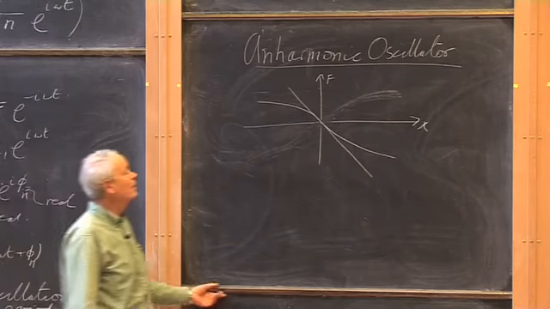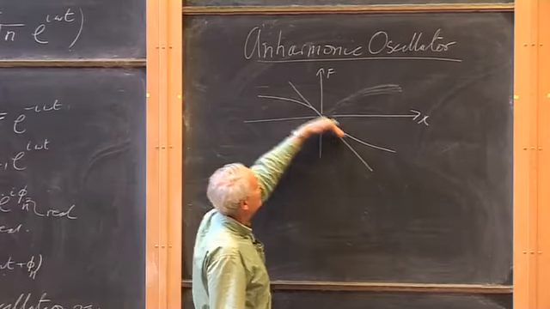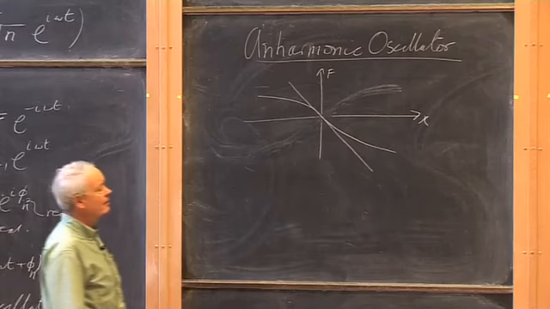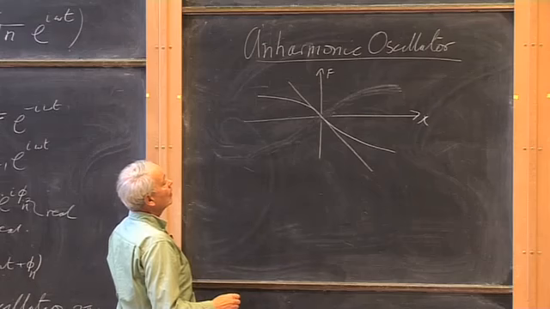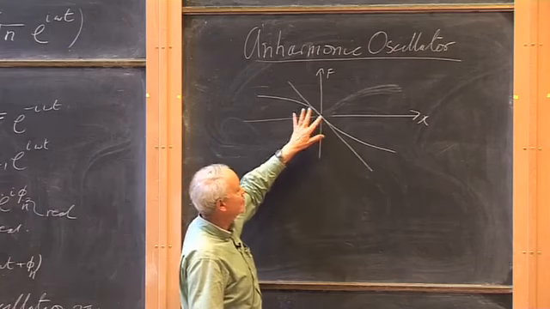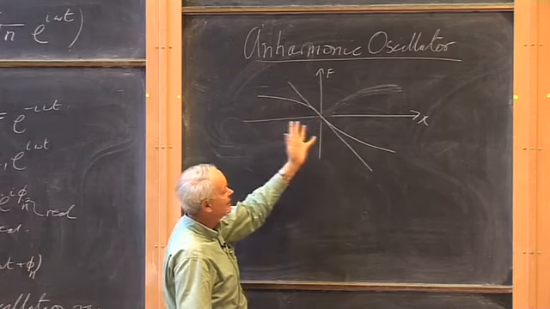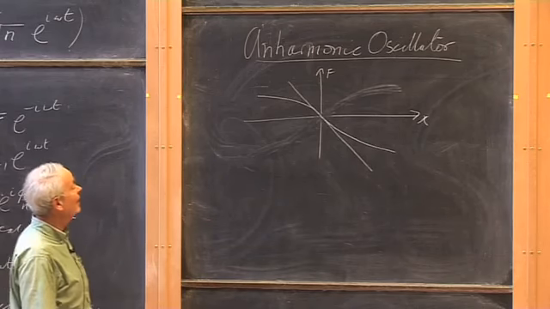So any force versus distance curve could be expanded as some kind of Taylor series, and if we just take the first non-trivial term in that Taylor series, we have a harmonic oscillator. If we take subsequent terms, we will have a not harmonic oscillator, an anharmonic oscillator.